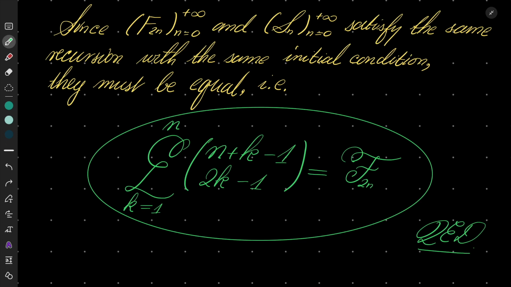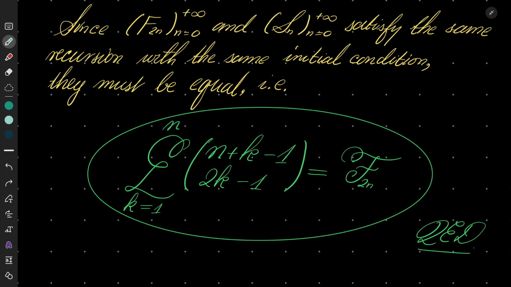The only hope, so let's imagine that we are given this sum. We don't know what to do with it, and we are asked what the closed form, what the exact value is. What can we do? Well, one thing to do is to write the first few terms of our sum, for example, for n equals 0, 1, 2, 3, or 4, and then try to see the pattern.